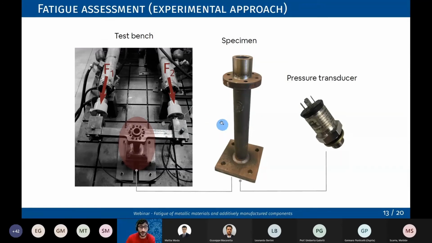At the moment, we only perform pure bending and pure torsion loading on this specimen. The specimens we use are stress relieved as well as as-welded, and as I said at the beginning, the end of the fatigue test is determined through a pressure transducer, by understanding when the crack is passing through the weld seam.